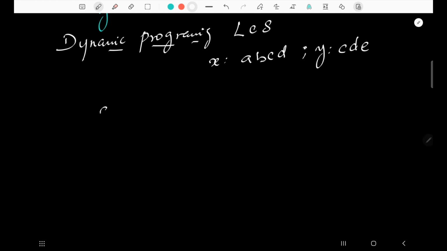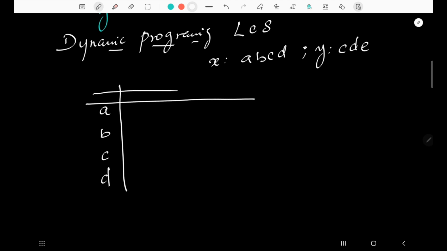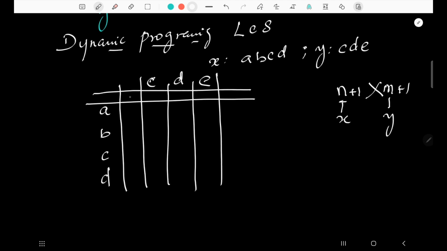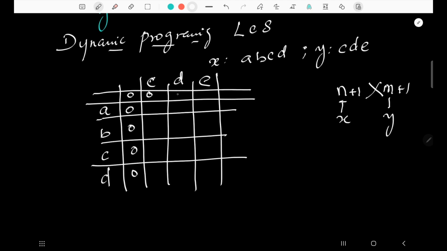So here, A, B, C, D, we need to make a matrix of n plus 1 cross m plus 1, where n is the number of terms in X and m is the number of terms in Y. So here A, B, C, D, and in Y we have C, D, E. The first column and the first row are 0, 0, 0.